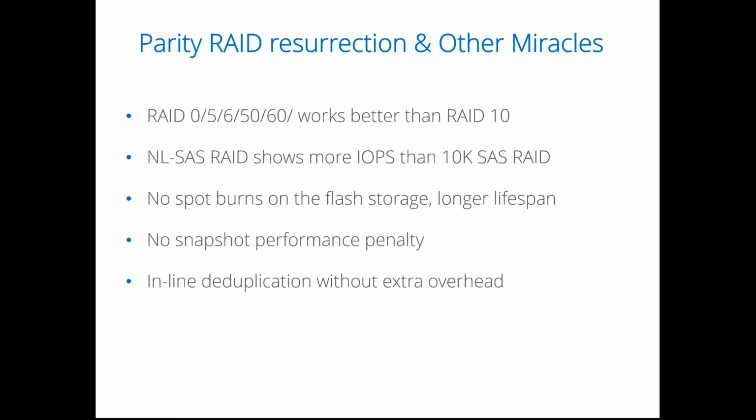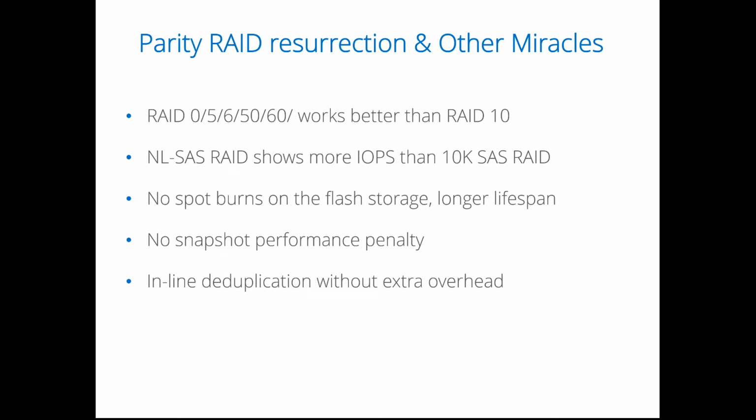So compare the number 70 we had with the traditional file system layout, and 20,000 we have with writing on the disk sequentially. Then no spot burns on the flash storage and longer lifespan of flash storage in a production environment, on the first level of your storage, on the tier 1 storage array. This is achieved by using flash for its good qualities and trying to compensate its lifespan by writing less to it, instead reading a lot from it.